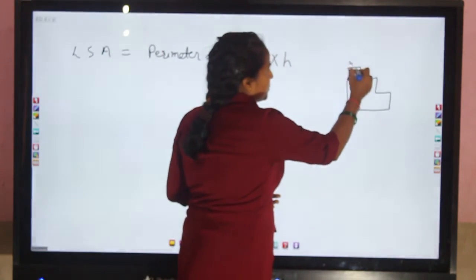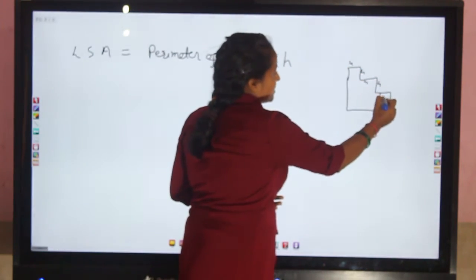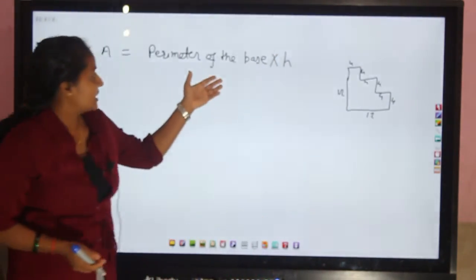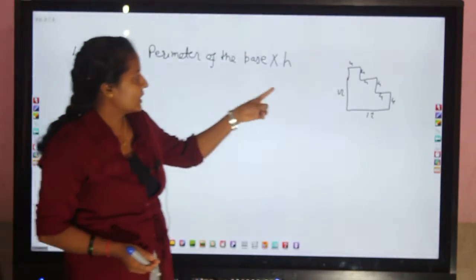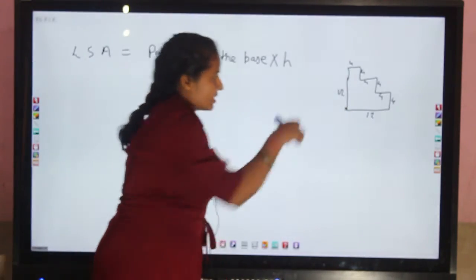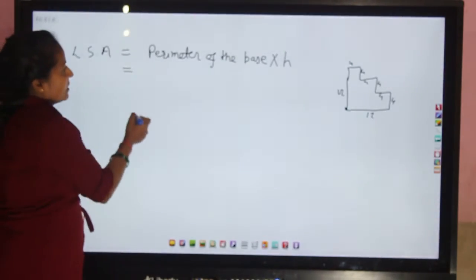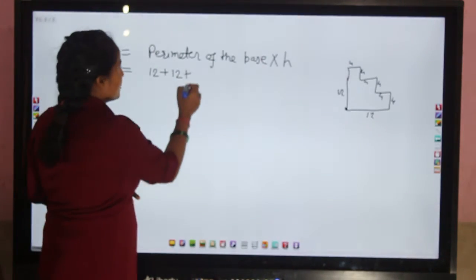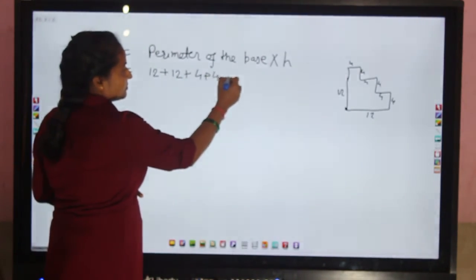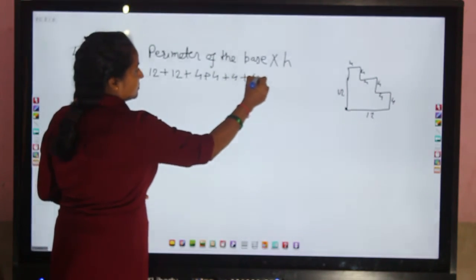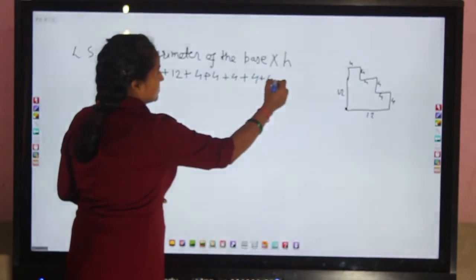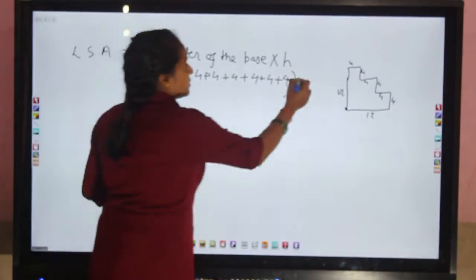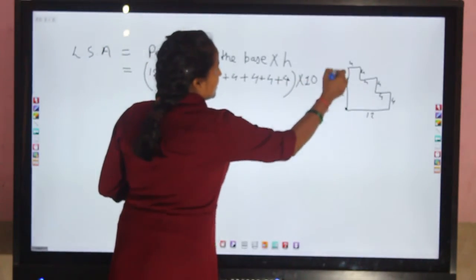Here we are going to find the perimeter of the base. We have to add all the boundaries to find the perimeter: 12 plus 12 plus 6 times 4, into the height of the prism. Height of the prism is 10 centimeter.